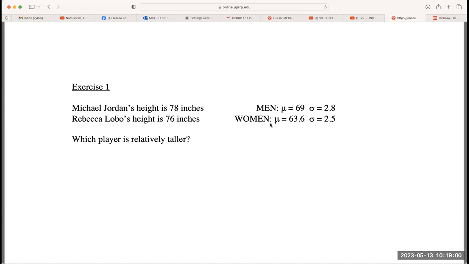And what is that rule? That is within one standard deviation of the mean.